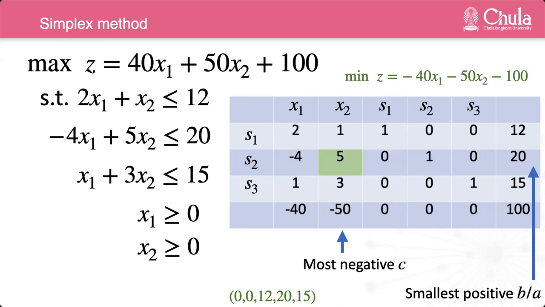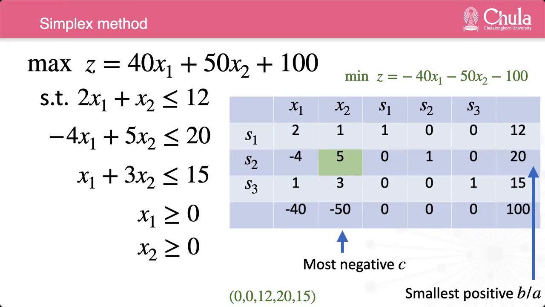Now we want to improve the objective function, right? Because we want to minimize it. Can you tell me how to minimize this problem? From this table, you see that now x1 is 0, x2 is 0, right? We have a certain value of the objective function.